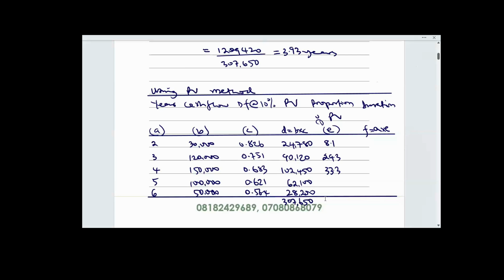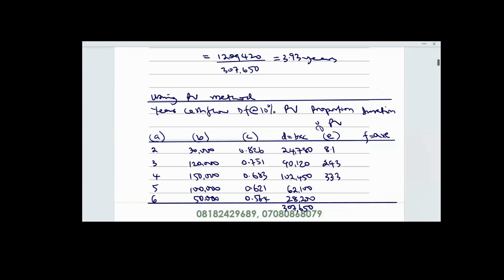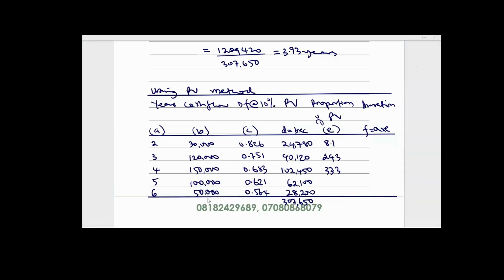Then for the fifth year, 62,100 divided by 307,650 equal 20.2.